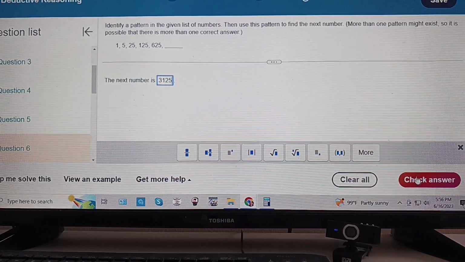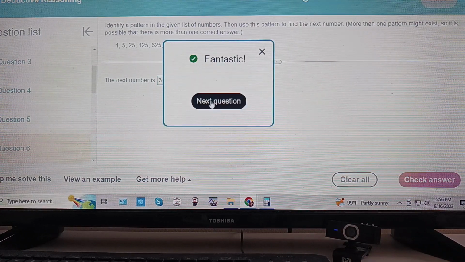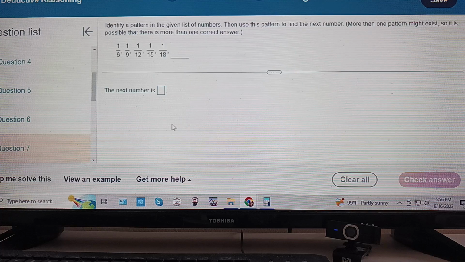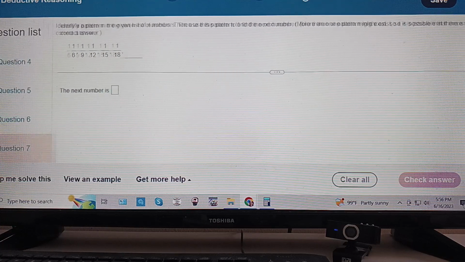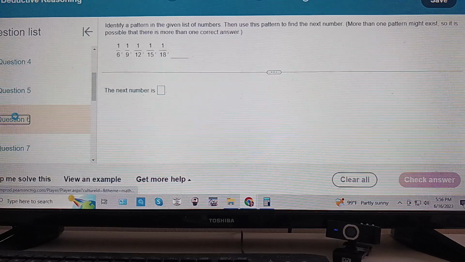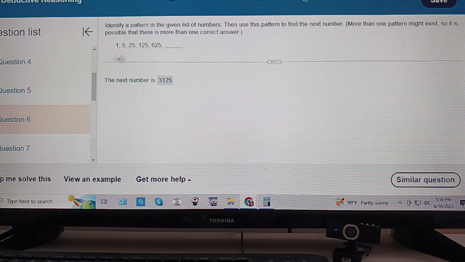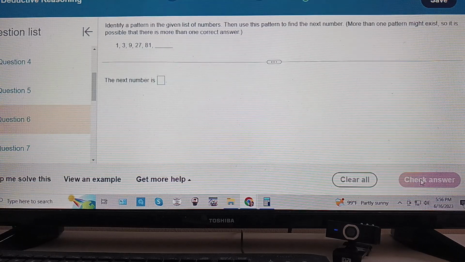So that problem was kind of similar to the previous one. Once again, you can go back to a problem that you've already done, go back to number 6. You might be thinking, I did number 5, and this one was just too similar to number 5. If down here in the bottom right you hit similar question, it gives you a totally different one.